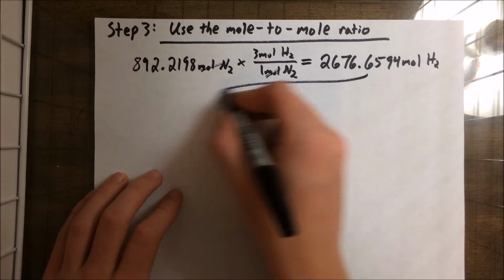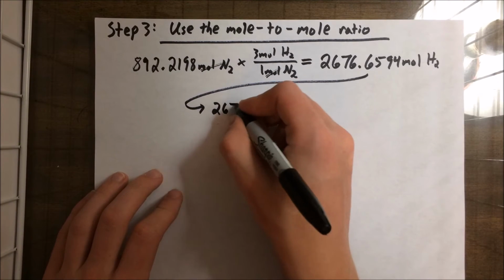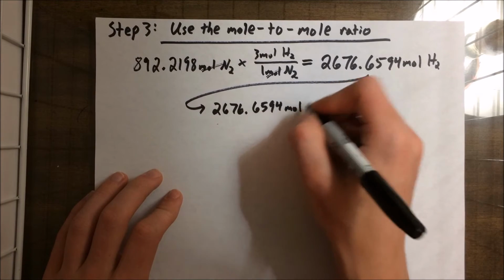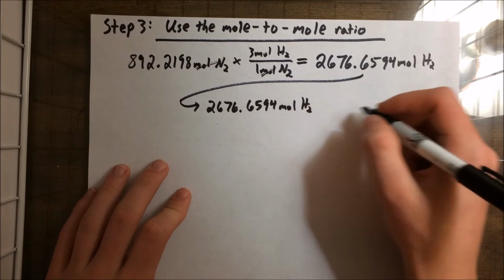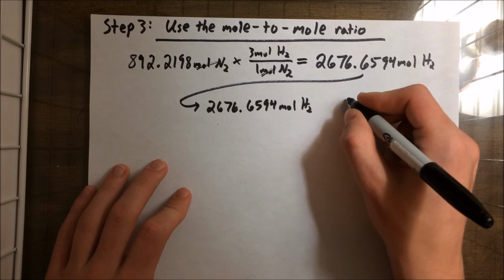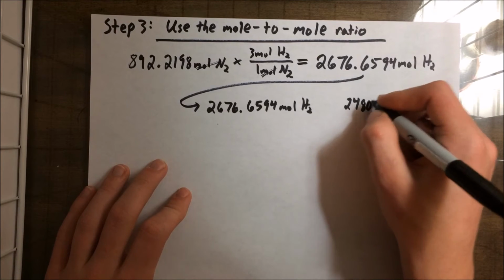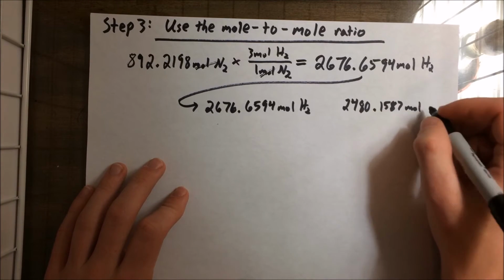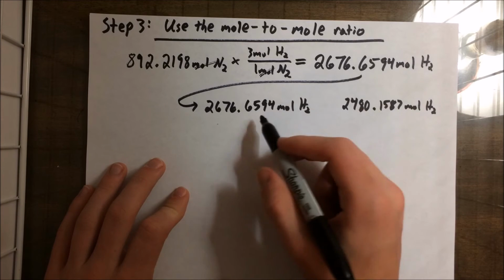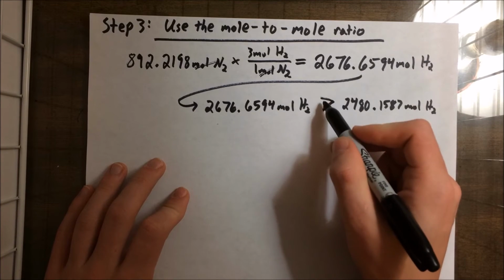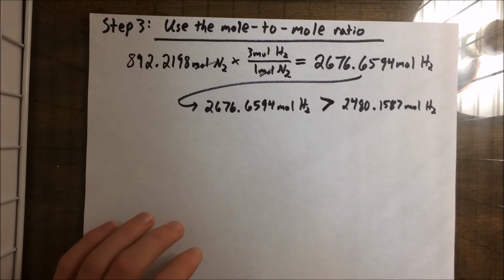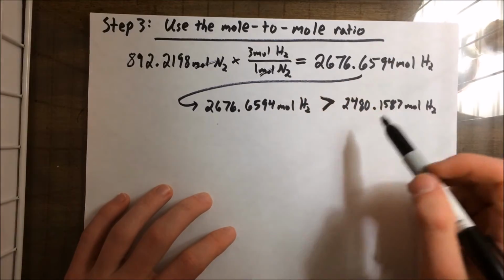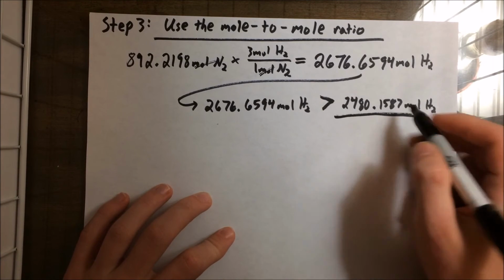So let's bring this down. 2,676.6594 moles of H2 in comparison with 2,480.1587 moles of H2. So obviously 2,676 is bigger than 2,480, which means that H2 is the limiting reactant, because this is how much we have right here.